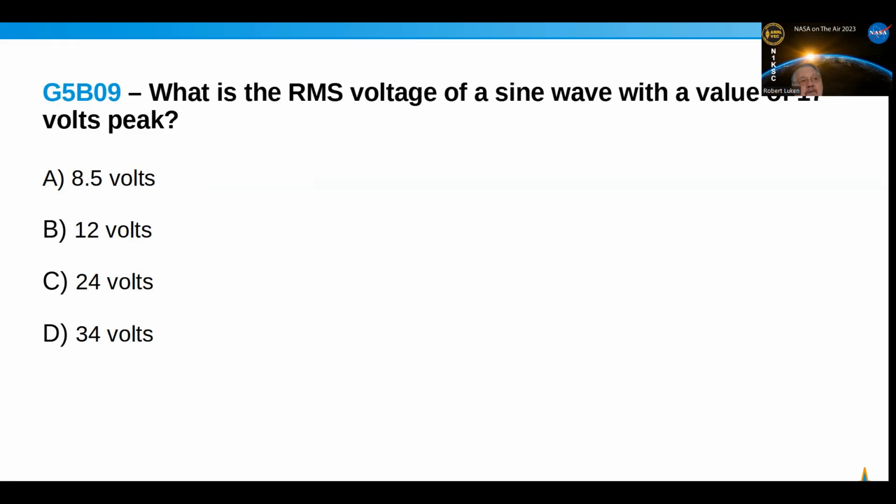So we're going to multiply that by 0.707, right? Yeah. So about 3/4 of 17 is about what? And it's definitely not 24 or 34. Oh, it's got to be smaller, right? Yeah. So your choice is 8.5 or 12.